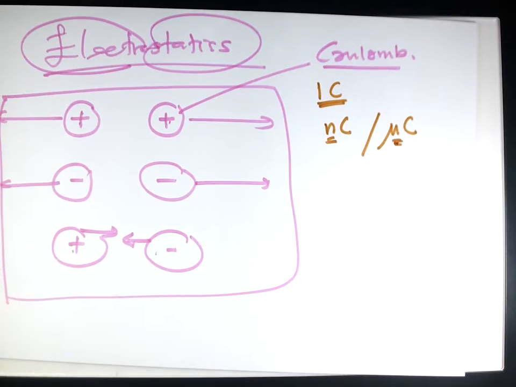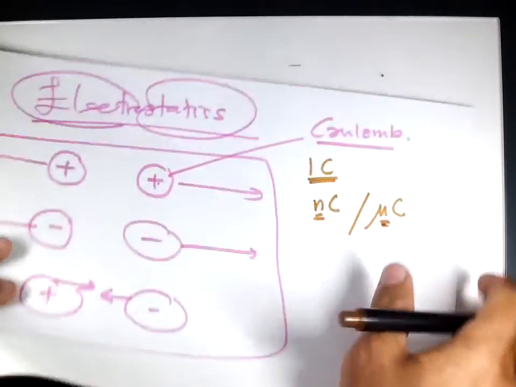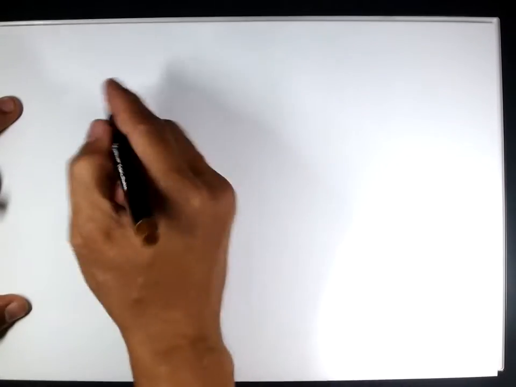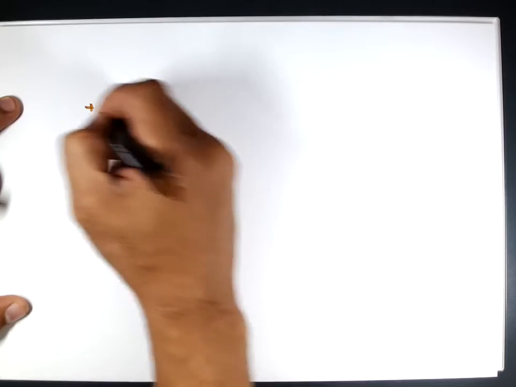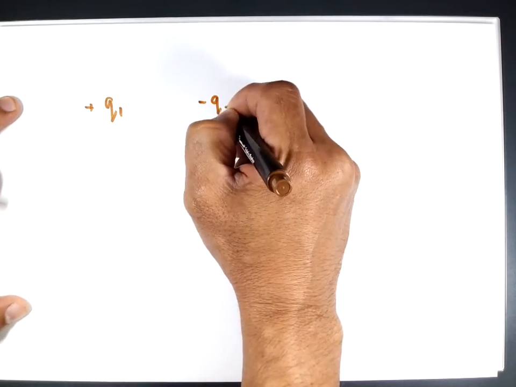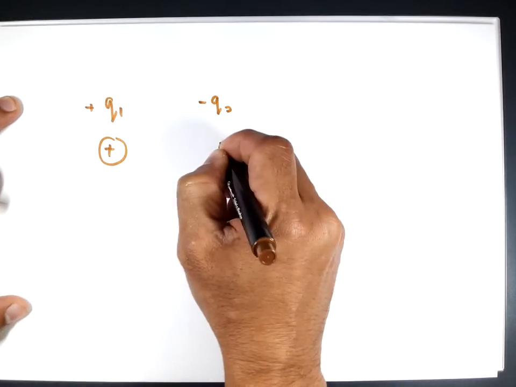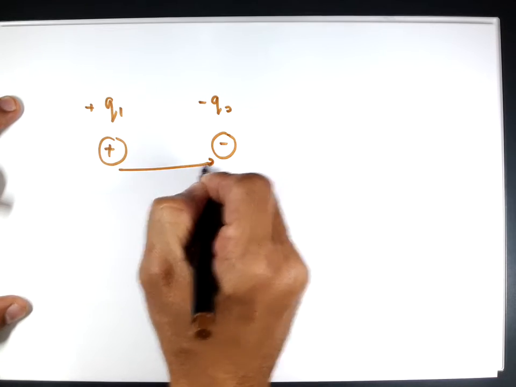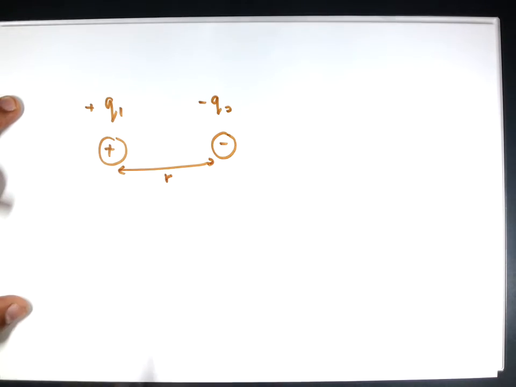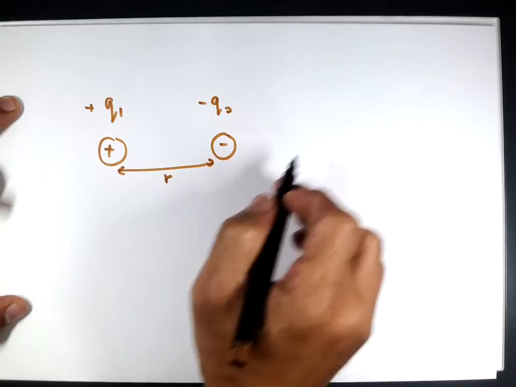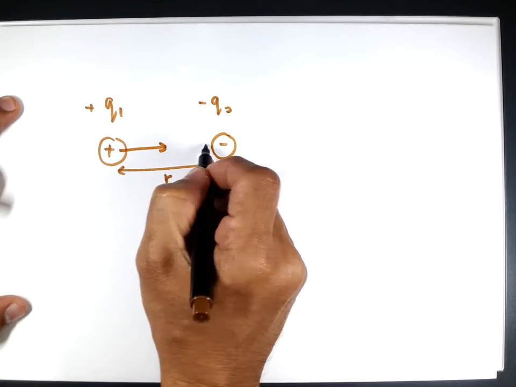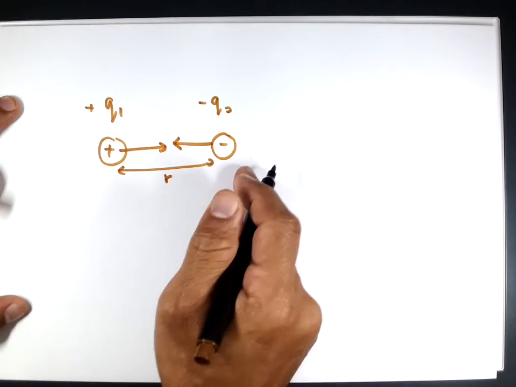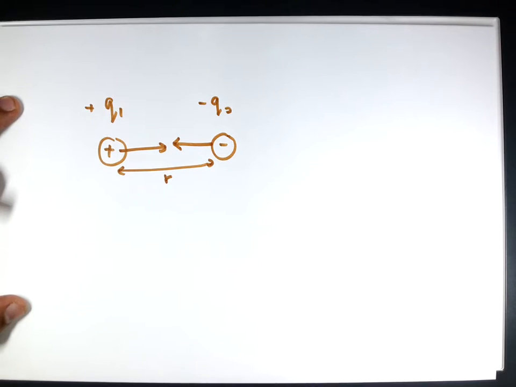Okay, let's say we have charge Q1. Say I have positive and negative Q2. Okay, now I want to know, this is the distance between them, R. So what is the force, attractive force produced between these two charges when they interact?